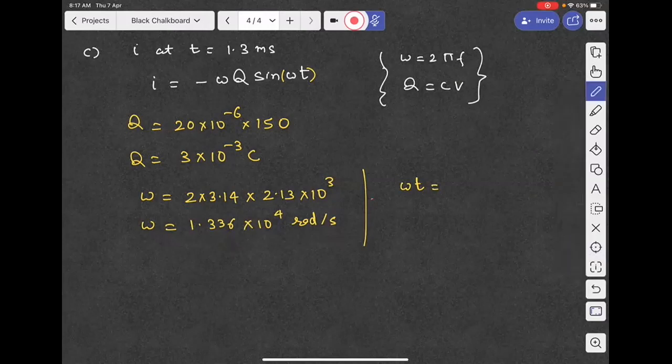This omega t can be written as 2 pi f into t. And omega t is in radian. If we want to convert this from radian to degree, what we do is multiply by 180 and divide it by pi. So I can write this in terms of degree as 180 by pi. That way we can cancel this out.